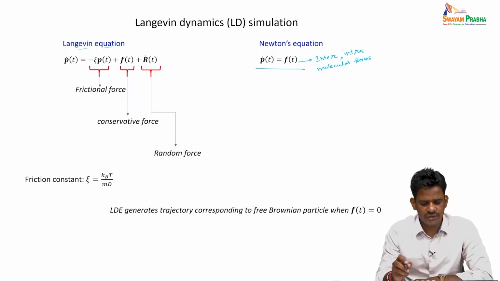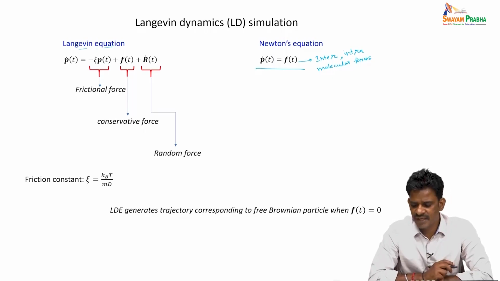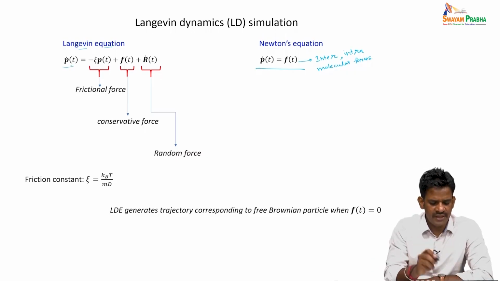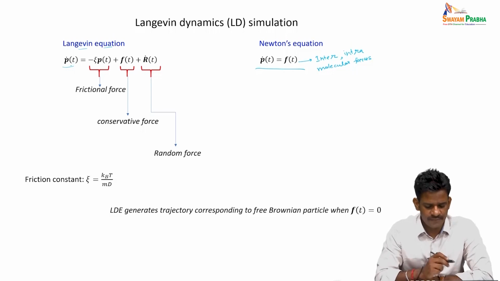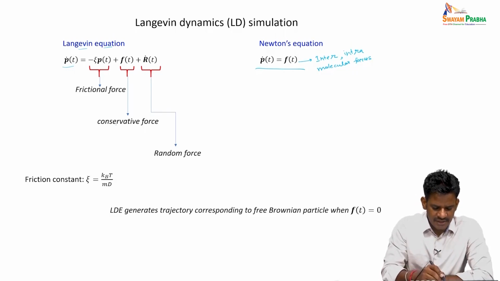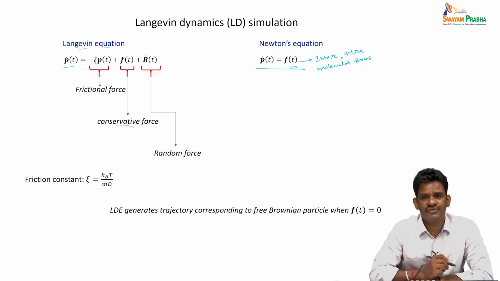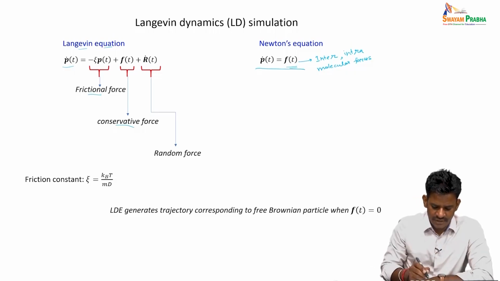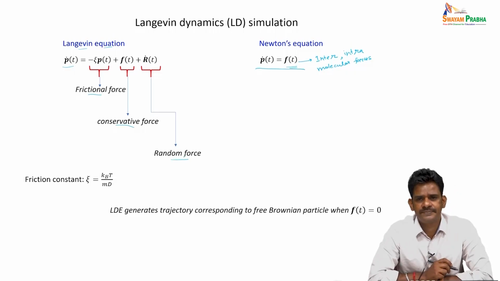So if you look at it structurally, we have a very similarity between Langevin dynamics and Newtonian mechanics, where the rate of change of momentum of a species is given by a sum of three forces. The one in the middle is the conservative force, which we already know comes from the intermolecular force. In addition, the effect of solvent is encoded in two additional forces. One is the frictional force, the other one is the random force.